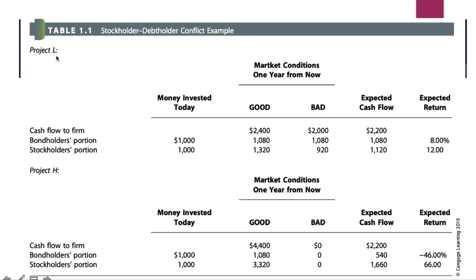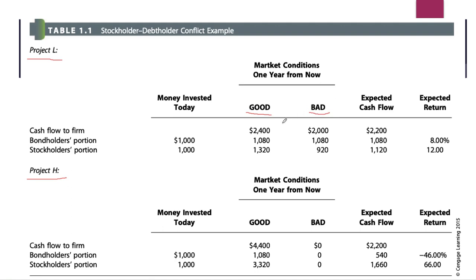For example, in this table, we can see that the company has two alternative projects, let's say project L and H. And here, this is a hypothetical scenario where we assume the cash flow to the firm if the company invests into this project L, depending on those two states of the nature, either the conditions will be good or bad 1 year from now.